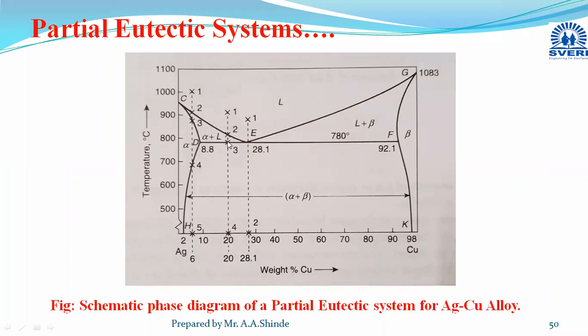Then at point 3, eutectic transformation occurs, and this liquid will get transformed to a mixture of alpha and beta. Eutectic mixture will be formed, and in 3 to 4, proeutectic alpha and a mixture of alpha and beta will be there.